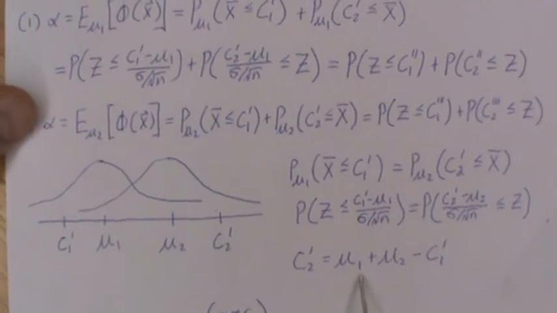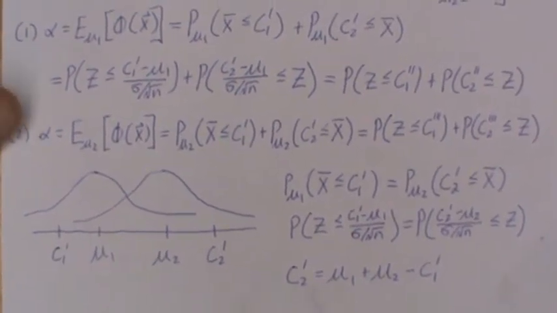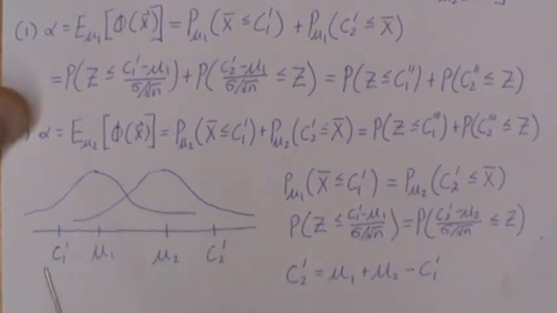Now, the next test I'm going to show you is not in books. I've never actually seen it. The only place I've seen it is calculating sample size for experiments. If it's a two-tail test, some software does this. And it's basically leave out one tail.